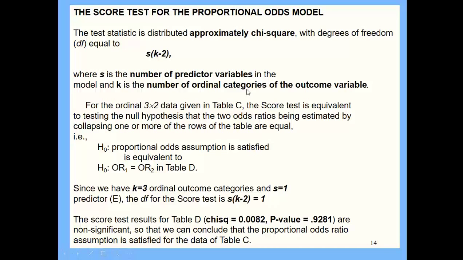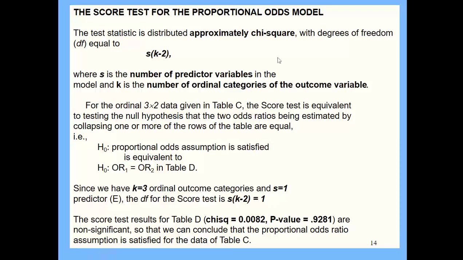Now, for our example, how many ordinal categories were there? 3. So what's K minus 2? 1, right? Now, for the crude data, what's S, the number of predictive variables? Just 1. Just had exposure, right? And whether you were resistant or infected or susceptible.